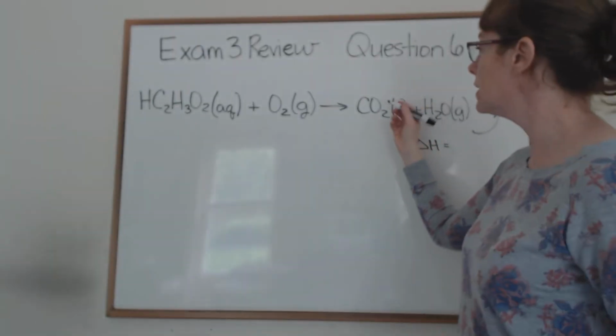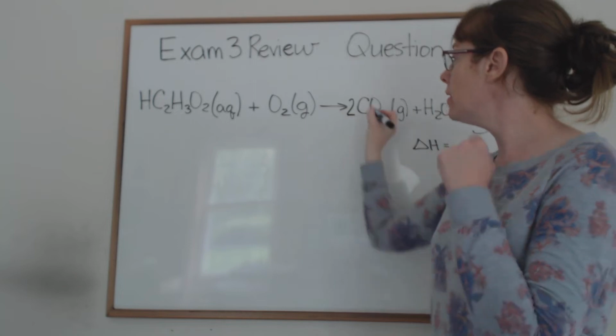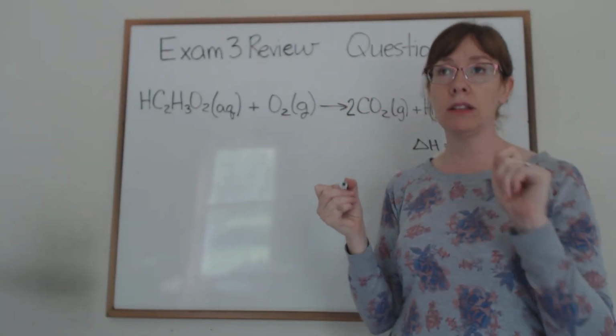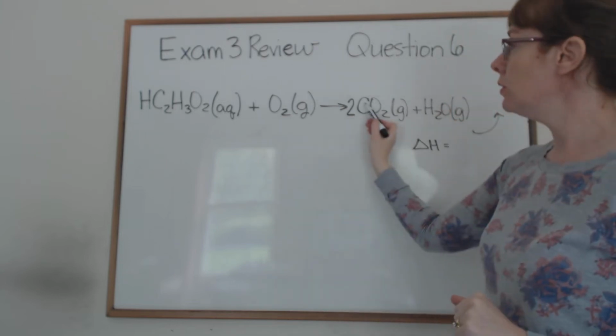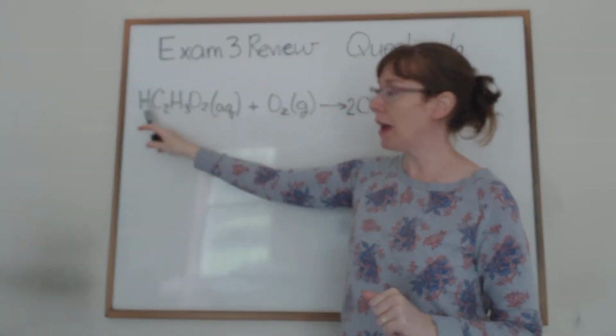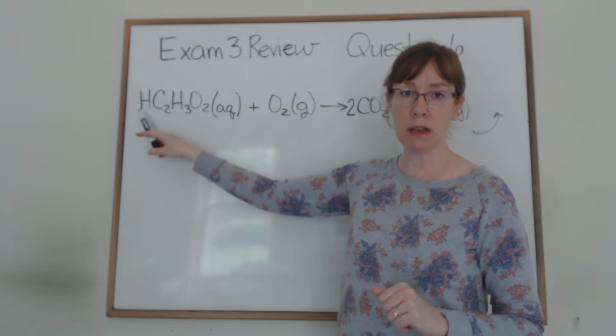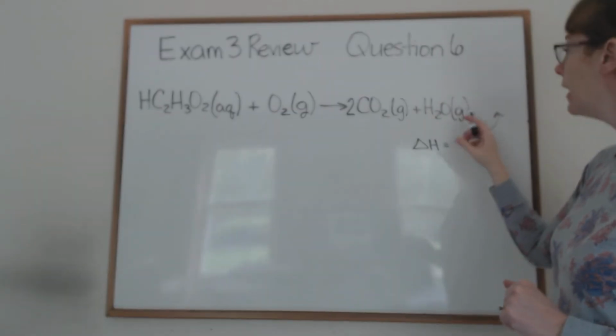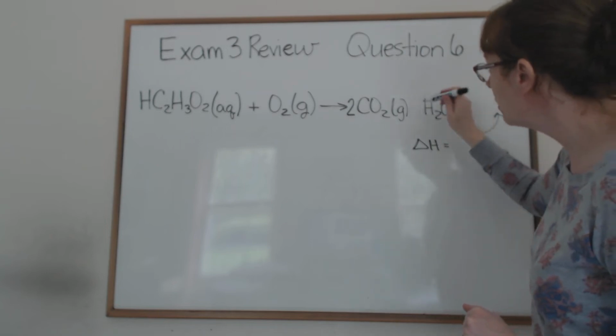I only have 1 here, so let's go ahead and fix this. And I don't even know the answer right now, so you can see it's just trial and error. So 2 carbons. Be careful with hydrogens. Make sure you add all of them. There's 3 here, but there's another one there. So I have 4 hydrogens on the left side, and I can get 4 by adding a 2 right here.